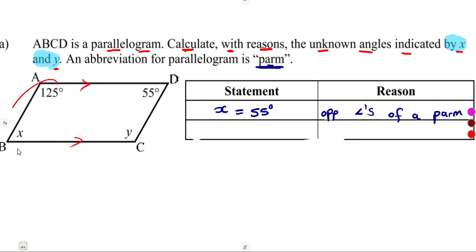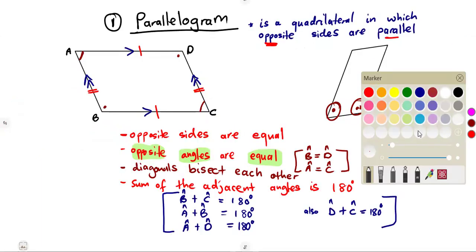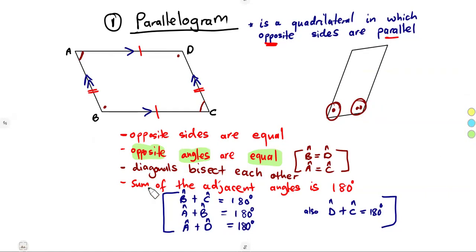We said the sum of adjacent angles is 180 degrees. If I add angles that are adjacent, B and C, I must get 180. A and B, I must get 180.